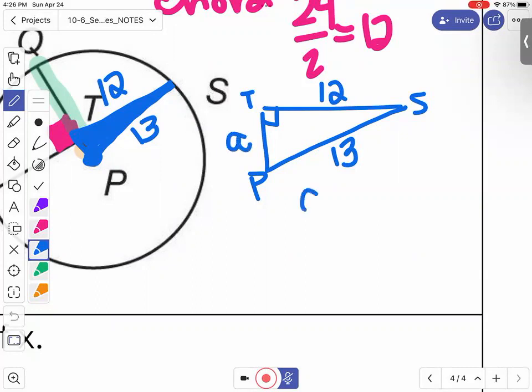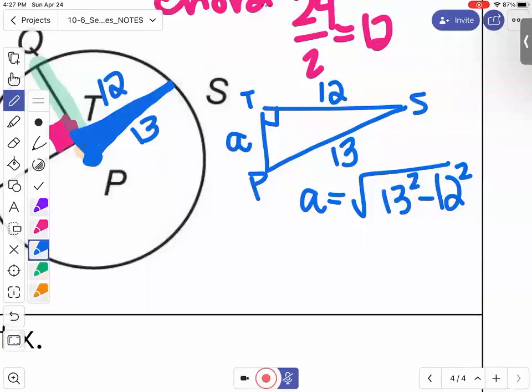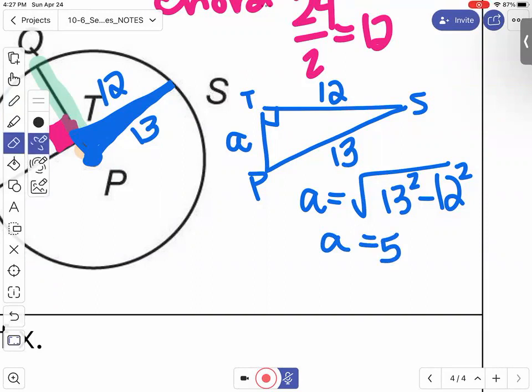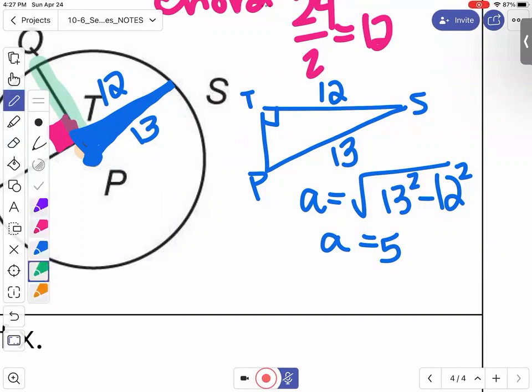So we had a formula that said A equals the square root of C squared, which is 13 squared, minus b squared, which is 12 squared. So when we plug that in, my a then is a 5. So now I know the missing length from P to T. So there is my 5.